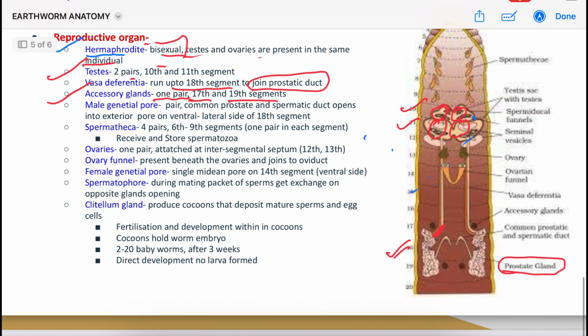Okay, next is the male genital pore. It is present in a pair. Two male genital pores are present through the prostate and spermatic duct. It opens to the exterior through a pore on the ventrolateral side of the 18th segment.